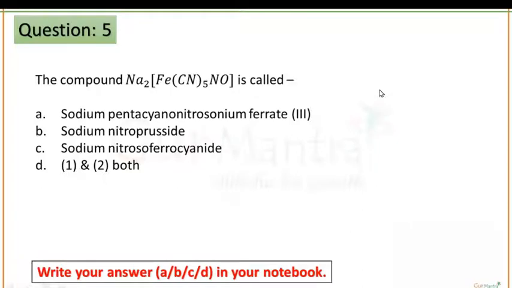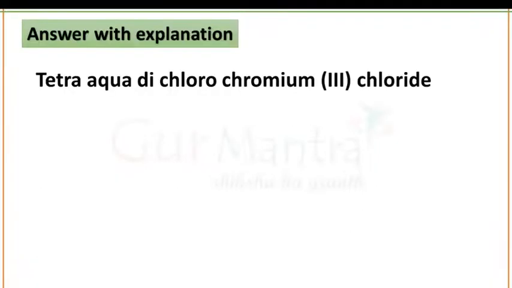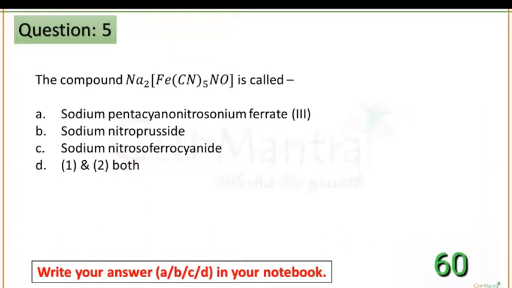The compound Na2[Fe(CN)5NO] is called. Options are sodium pentacyanonitrosonium ferrate(III), sodium nitroprusside, sodium nitroferrocyanide, or option number A and B both.